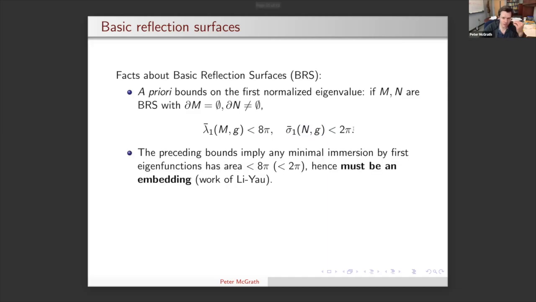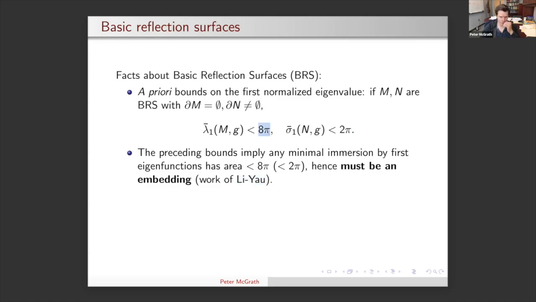And so in particular, if you could solve the eigenvalue optimization problem, and we do, the branched minimal immersions that one would get are always embeddings automatically by sort of Li-Yau type results.